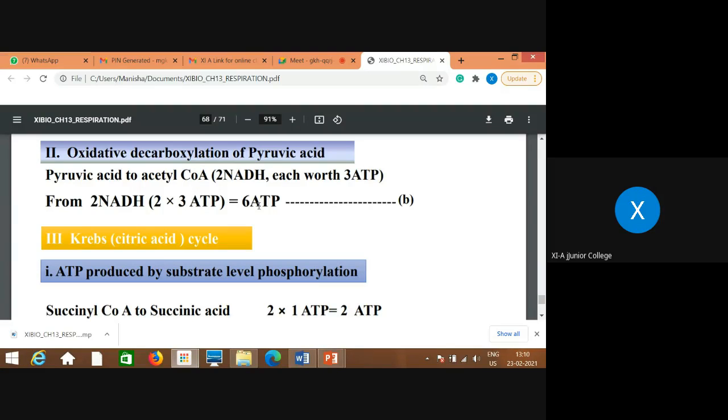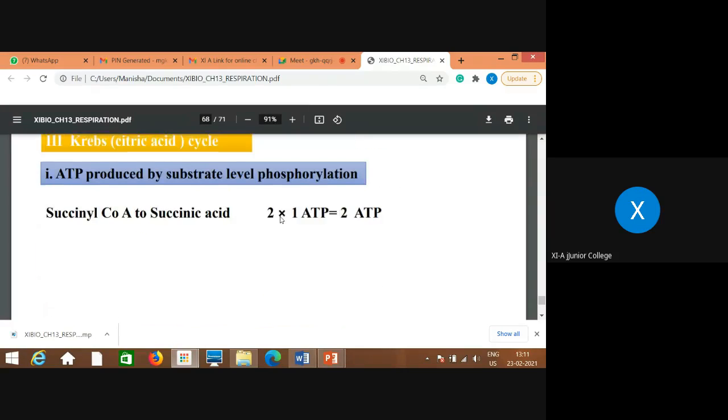So 2 into 3, 6 ATPs are produced during this linked reaction, which is considered the connecting link between glycolysis and the Krebs cycle. This is also called the acetylation reaction or oxidative decarboxylation. Okay. Then remember, 8 at the end of glycolysis, 6 during the connecting link, that is acetylation, from NADH2.